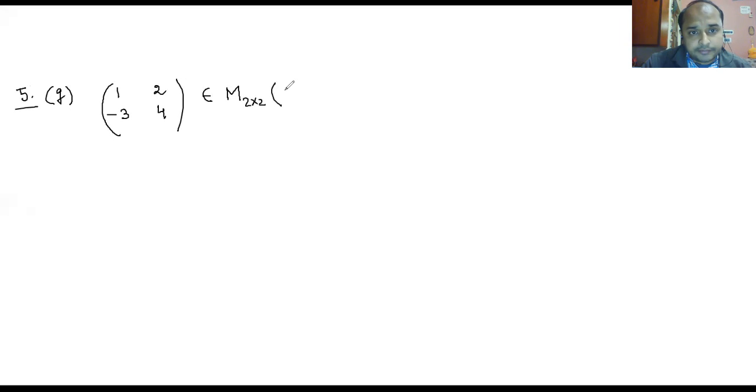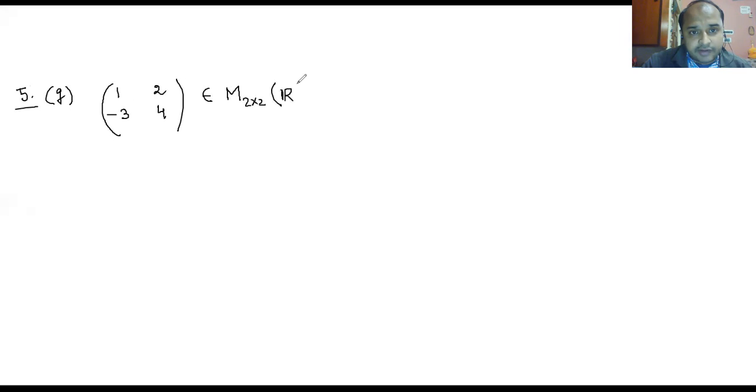From question number 5, I am selecting one problem, say problem G. In this problem G, the vector has been chosen from, if you can recall, the set M2 cross 2R.